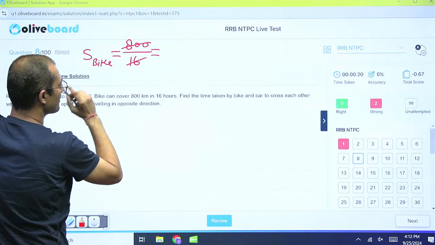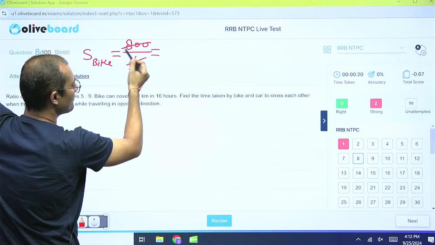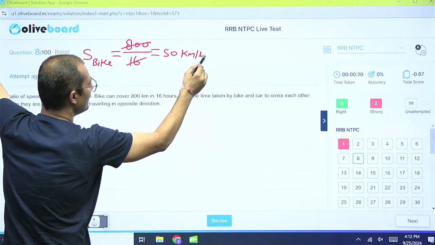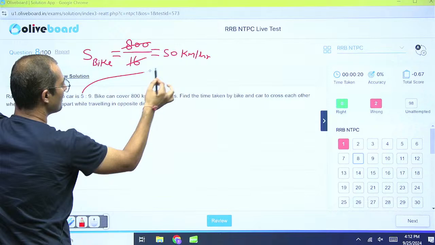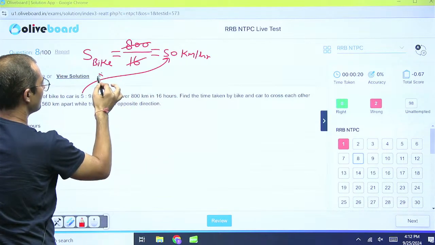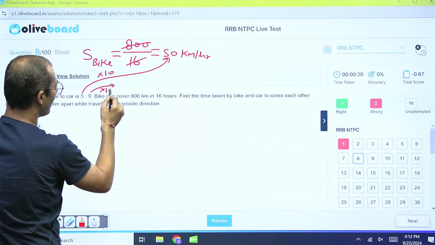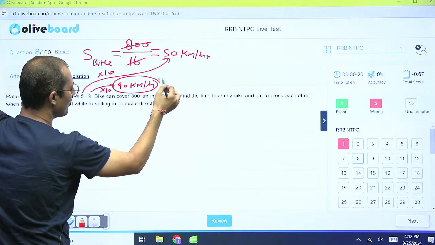When we divide 800 by 16, we get 50, since 16 fives are 80. So the speed of bike would be 50 km per hour. It means 5 units is equal to 50, so 1 unit is 10. So the speed of car would be 90 km per hour, right?